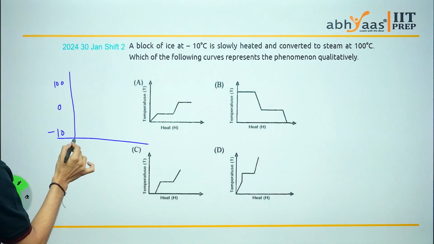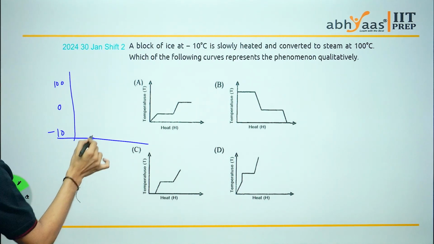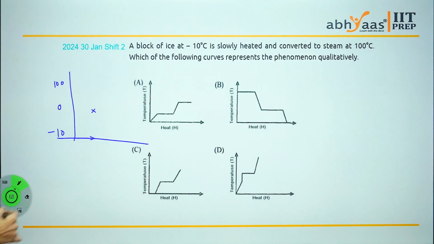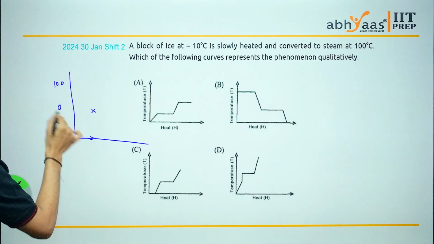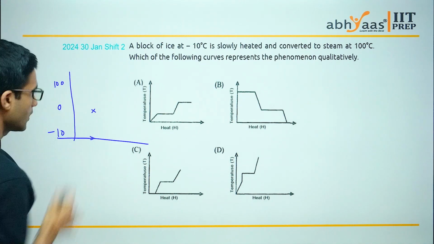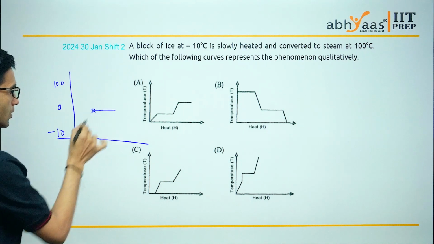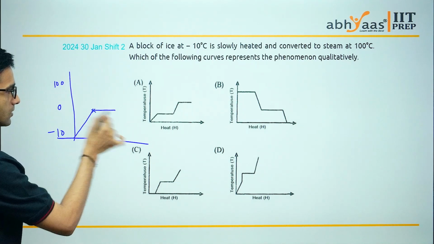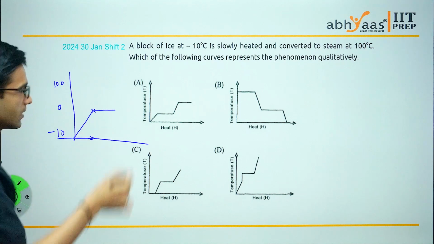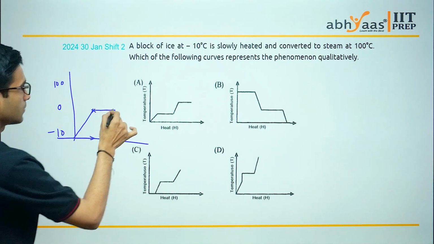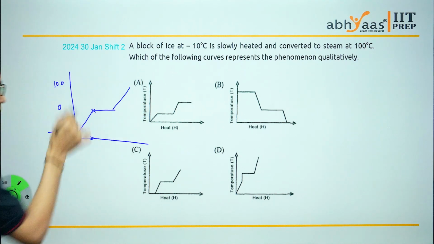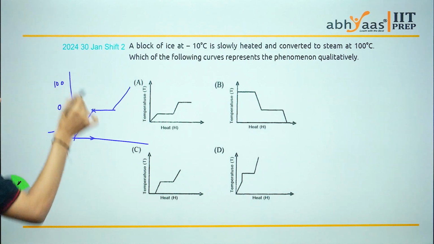From minus 10 to 0, we need to give heat. At 0 degrees centigrade, we are continuously giving heat, but change of state has to happen. Next, after this, we continuously give heat and it has to change from 0 to 100.